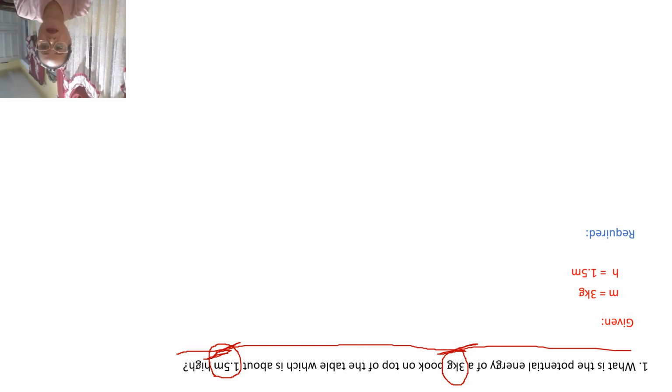It is clear here: what is the potential energy? Potential energy is being asked, so potential energy is our required. PE is unknown. We already have identified our required. The next will be the equation.